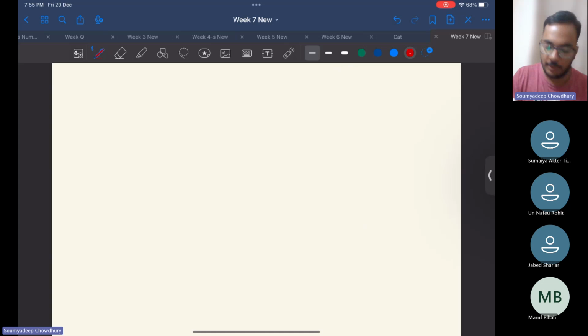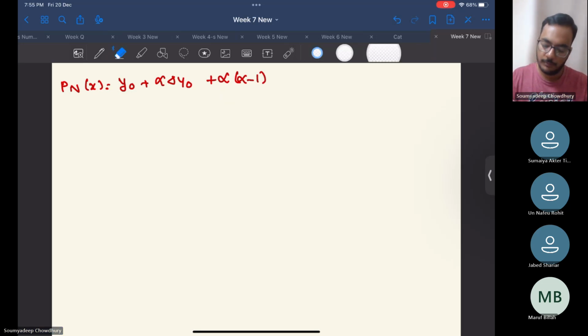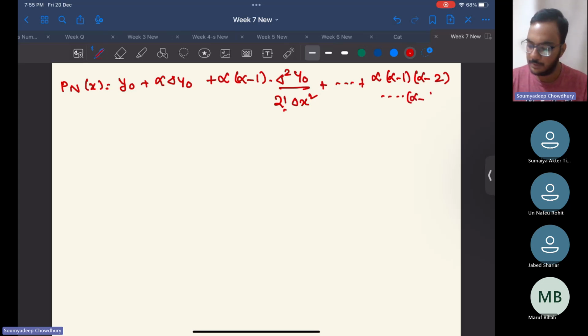So your final generalized formula comes out to be y naught plus alpha delta y naught, plus alpha into alpha minus 1 by 2 factorial, del square y naught, plus dot dot dot, plus alpha into alpha minus 1 into alpha minus 2, dot dot dot, alpha minus n plus 1, into del power n y naught by n factorial.